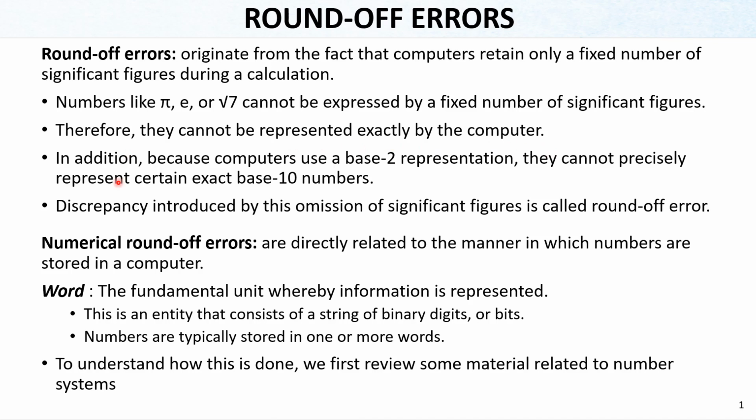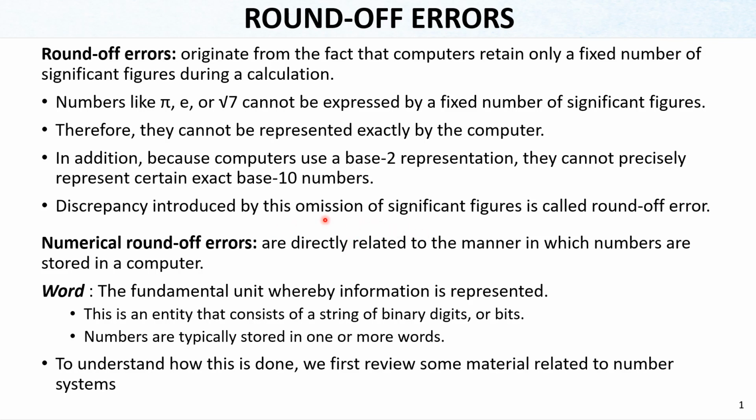And also, the computers use a base 2 representation. In base 2, they sometimes cannot precisely represent certain exact base 10 numbers. That's why we need to be careful about this and know that we will have round-off errors and discrepancies, which are the differences.